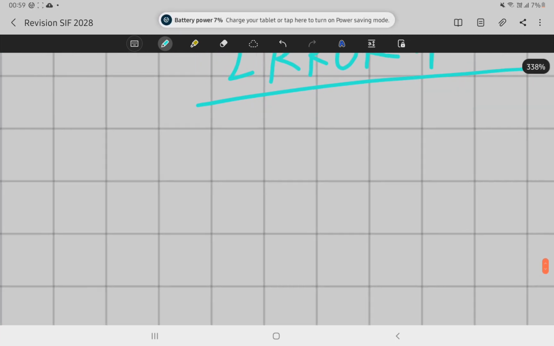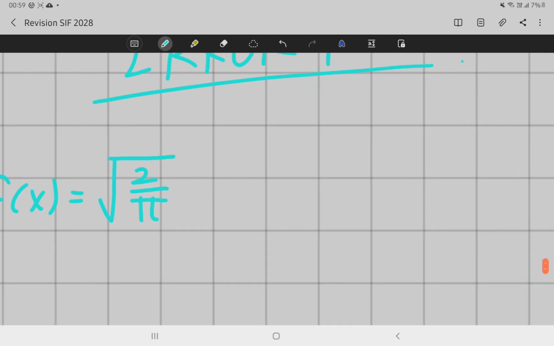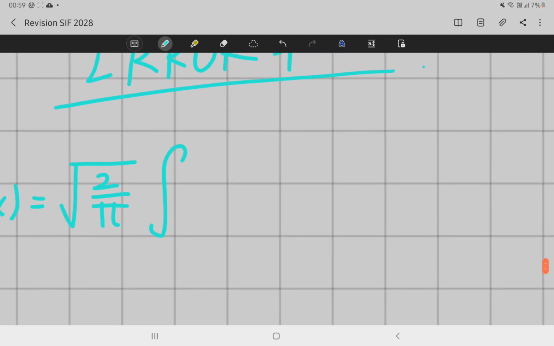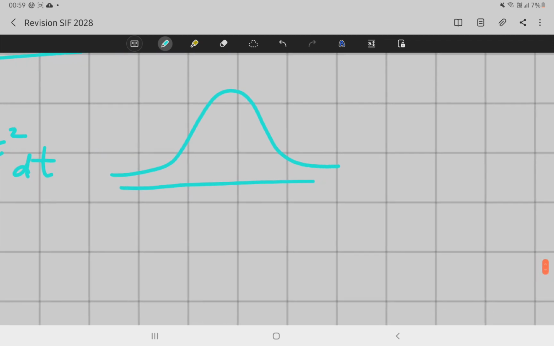So the error function is defined as erf of x is square root of 2 over pi, so this is the normalization constant, times the integration from 0 to x of e to the minus t squared dt. If you consider this, e to the minus t squared is basically the Gaussian curve. This is 0, so this is x.